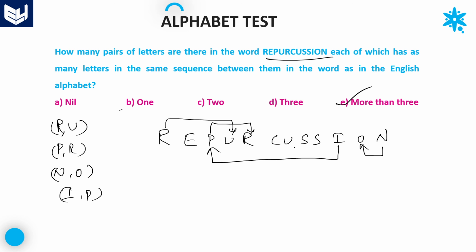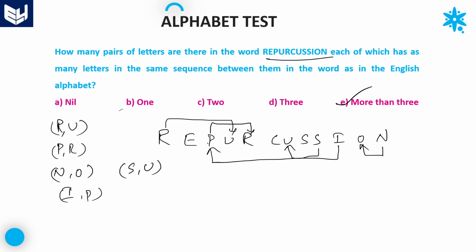Yes, TU. SU is also one pair. And after that, next S, T, U, V. No. U, no. C, D, E, F, G, H. No pairs are formed from that.